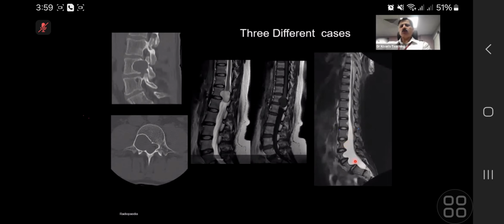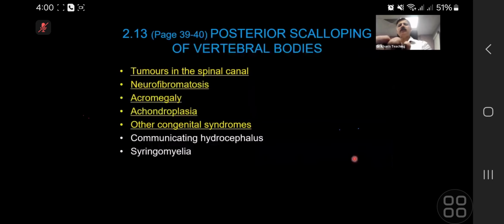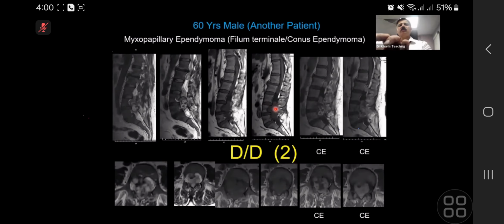Here, this associated tumor, right? You have to mention it as a pertinent negative, that it is not associated with a mass. You remember that myxopapillary ependymoma, which I showed you, that was giving you the same appearance. And this, you remember this thing? See this thing? Yeah, it's almost identical.